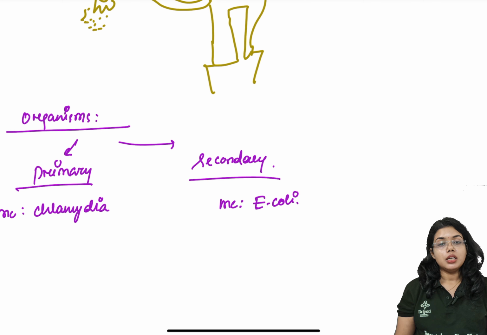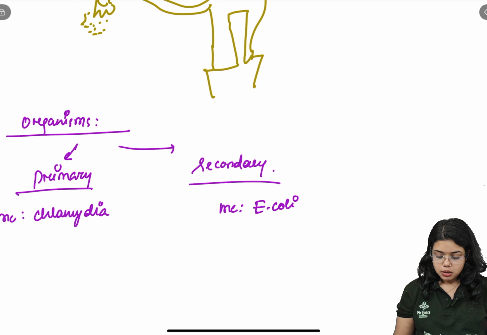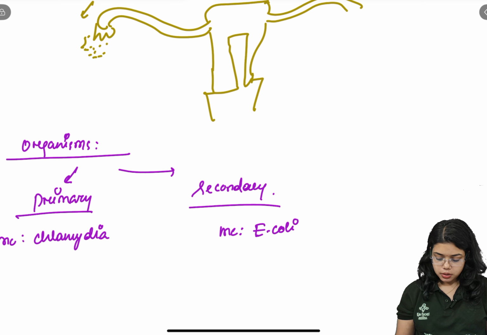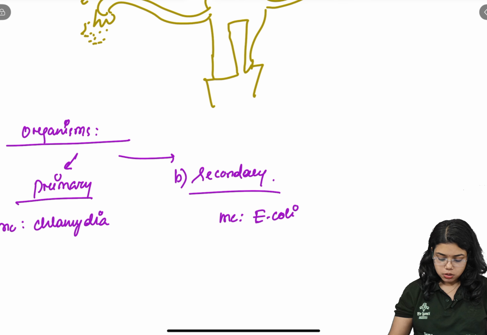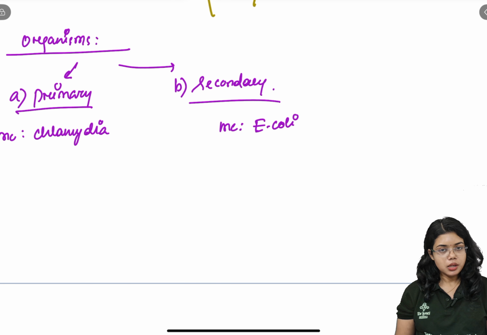That means if any other organ is affected, like if we are having a urinary tract infection, UTI, and E. coli causes the UTI, that E. coli traverses through the external genitalia and then infects the upper genital tract through the ascending route, then that is called secondary. Okay, understood? What do we mean by primary and secondary? Most common cause of primary PID is chlamydia, and most common cause of secondary PID is E. coli.